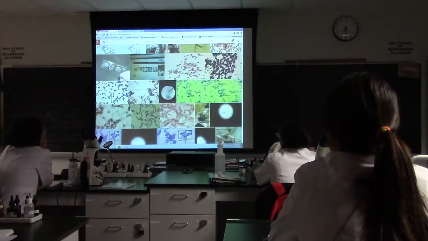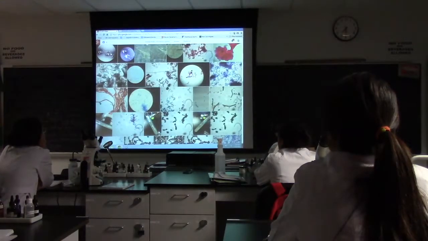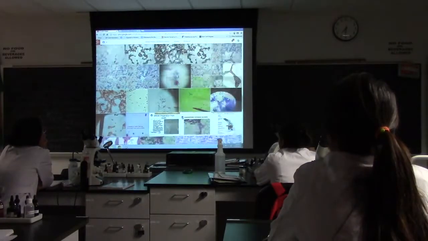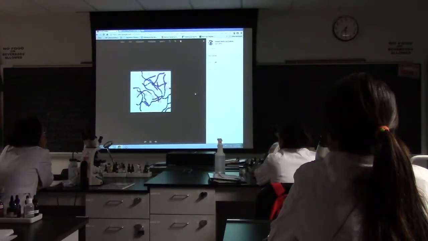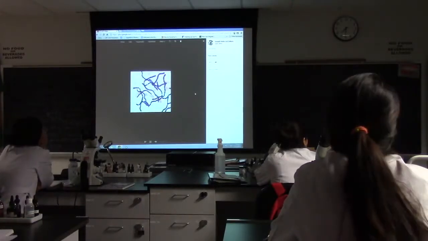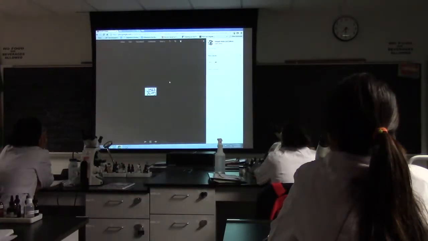Okay, let's see what else we can look at down here. That one. Purple cocci in chains. Streptococcus is the shape, and it's purple cocci in chains.